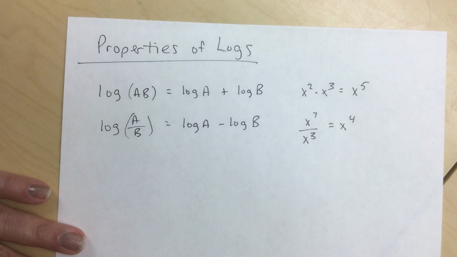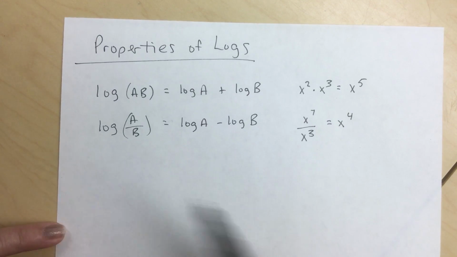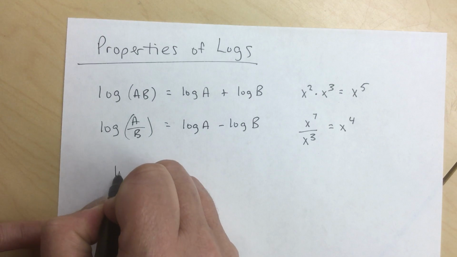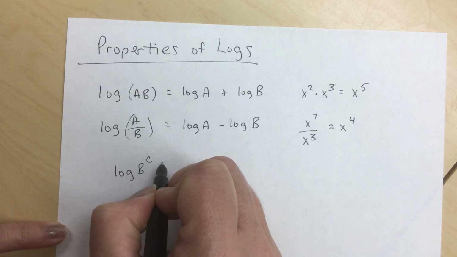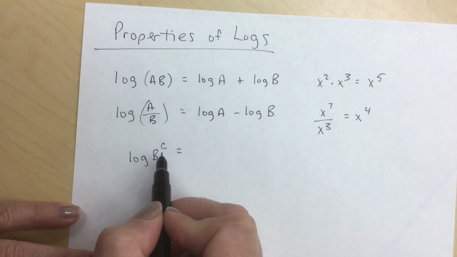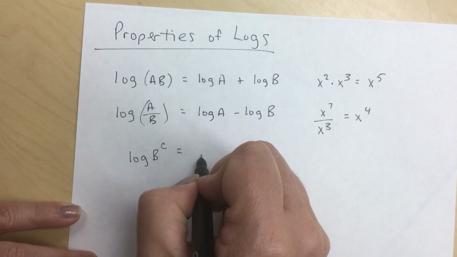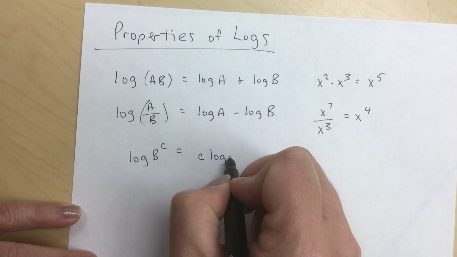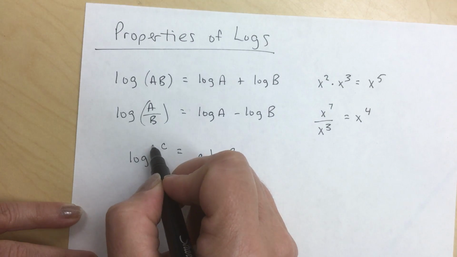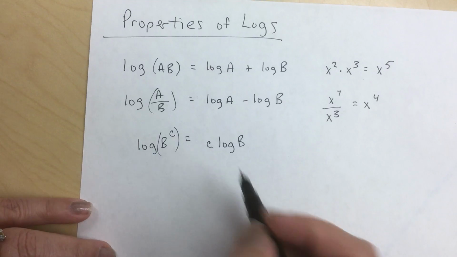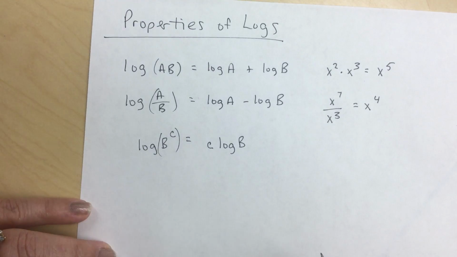Okay? So then the last one deals with an exponent of an exponent. So if you have the log of B to the C power, you can bring that C out in front. And we'll use this one a lot. So if you have B to the C power, then you can take that exponent and pull it out in front.